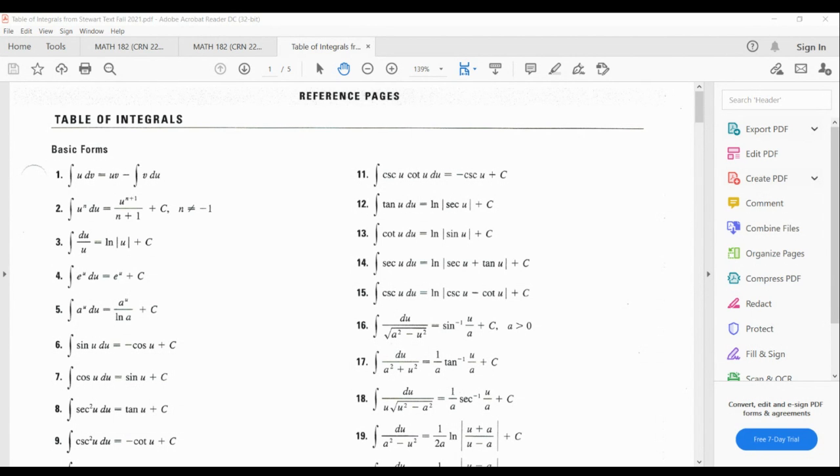One moment here. Good, here we go. Let me upload the table as well, just so we have it at our fingertips.